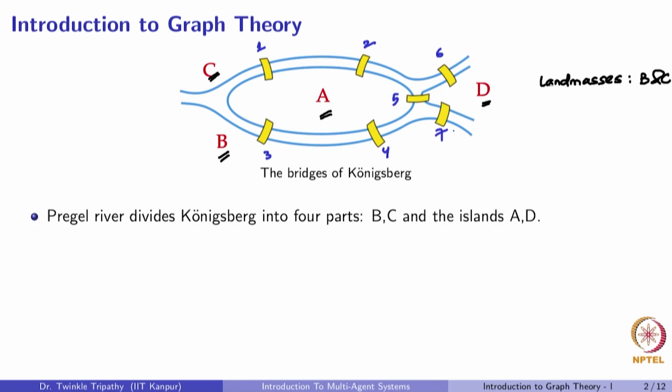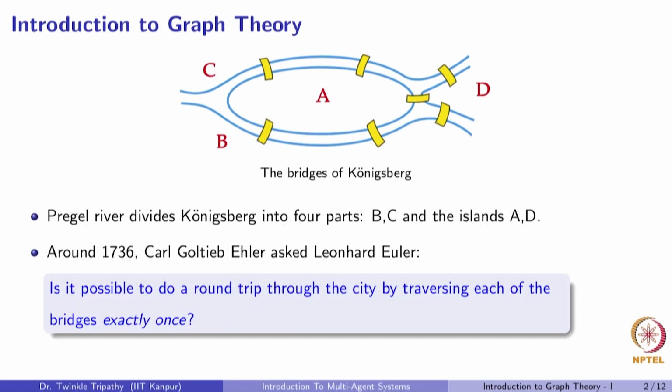Now, around the year 1736, the then mayor of a nearby city, Carl Gottlieb Euler, posed this question to the famous mathematician Leonhard Euler, asking him, is it possible to do a round trip through the entire city while traversing each of the bridges exactly once?